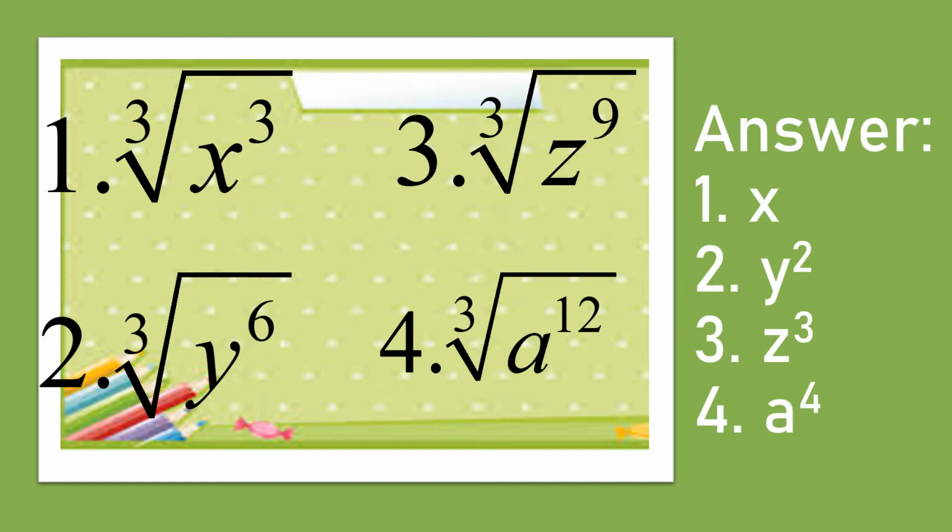If you multiply those variables having the exponent, you can derive the exponents inside the radical sign by applying the laws of exponent.